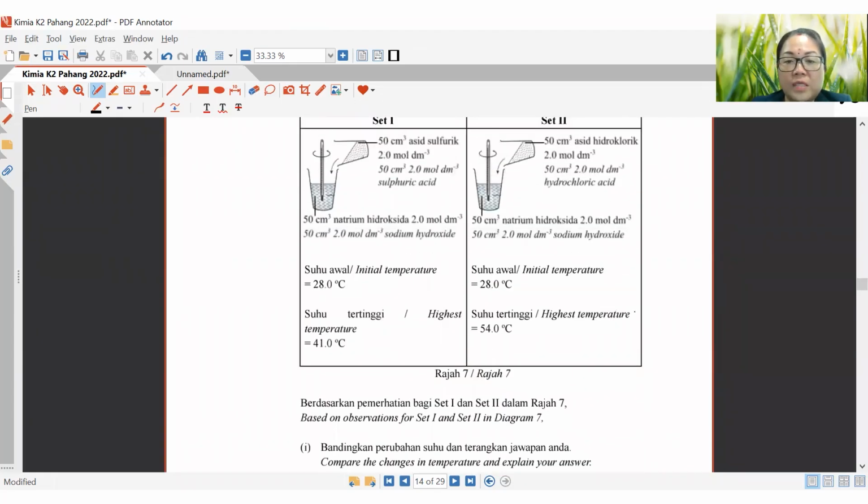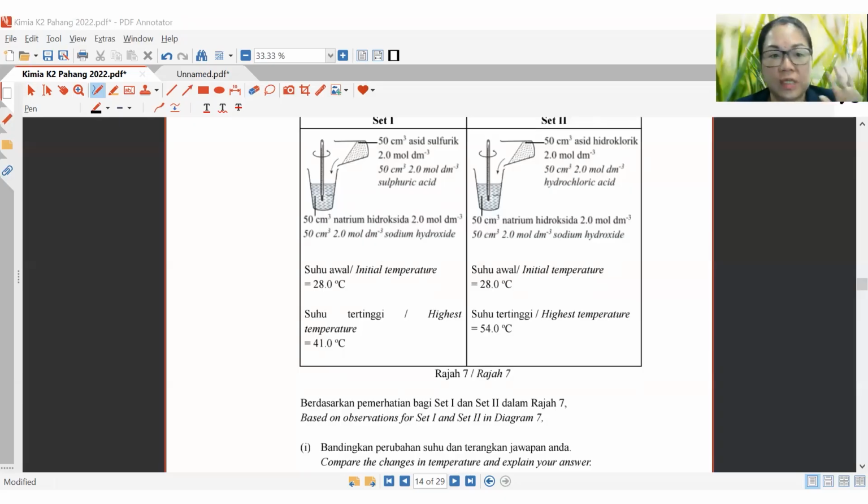So from here we can say that you've got sodium hydroxide reacting with sulfuric acid, whereas the other is hydrochloric acid with sodium hydroxide. It has a higher value compared to when it is between sulfuric acid and sodium hydroxide. Now, how do we explain that? Okay, first, the temperature change.